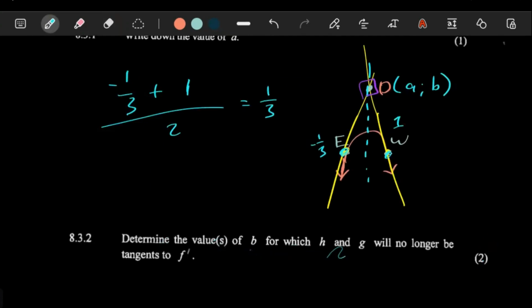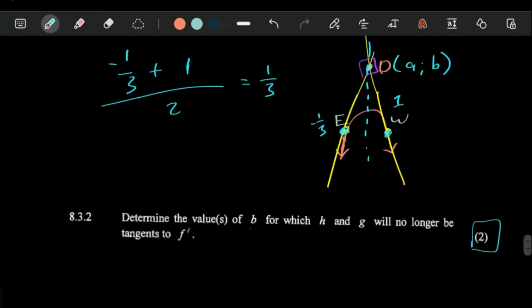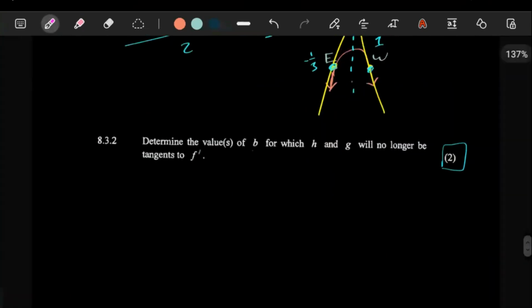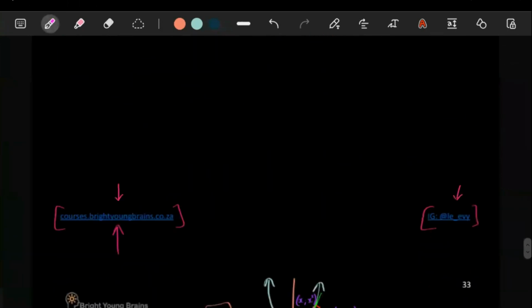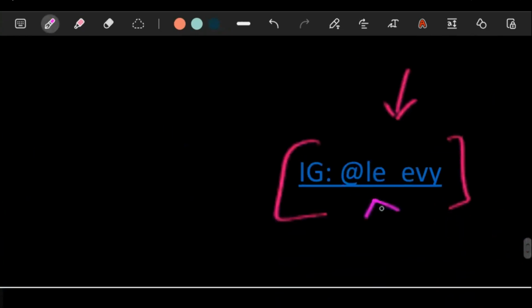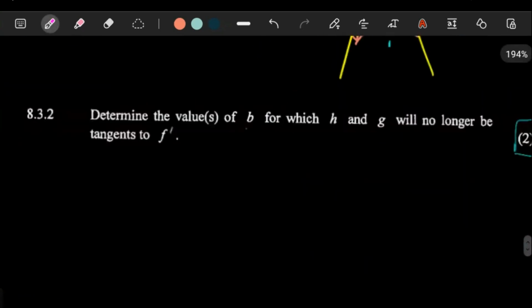Determine the values of B for which G and H will no longer be tangents to the first derivative. That's an interesting question, but so that I don't take too much time unnecessarily, just hit me up on IG and I will send the explanation for this particular question.